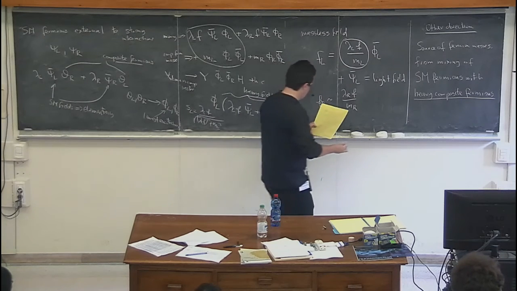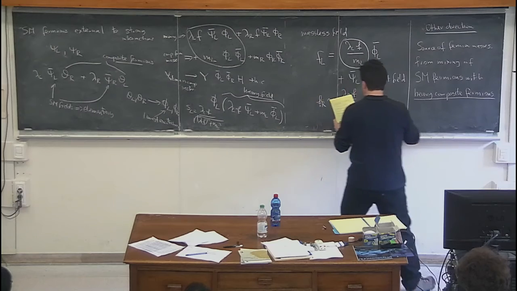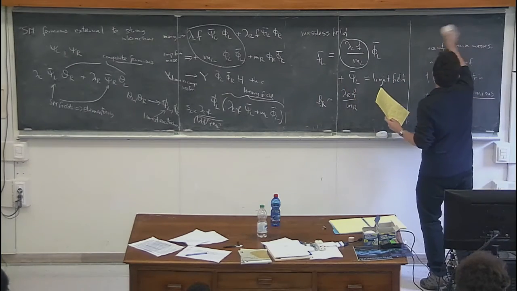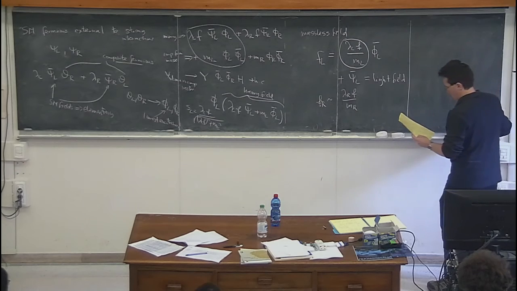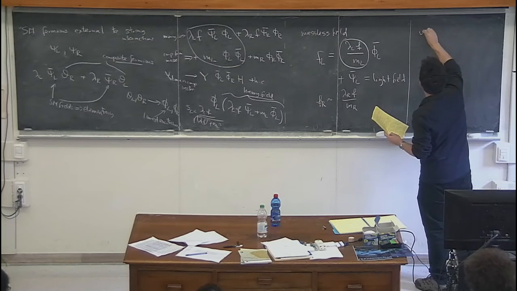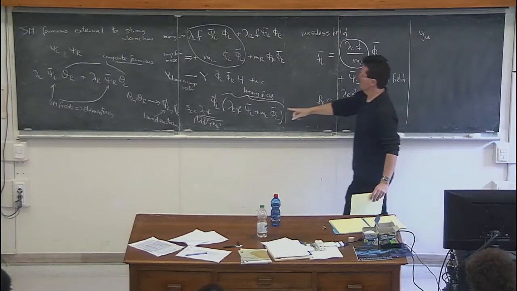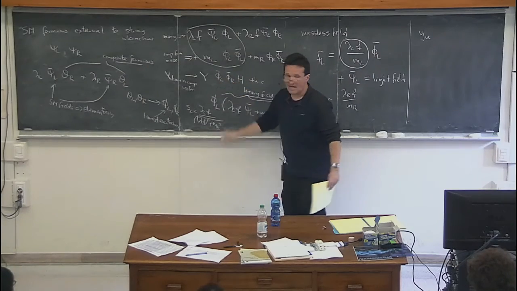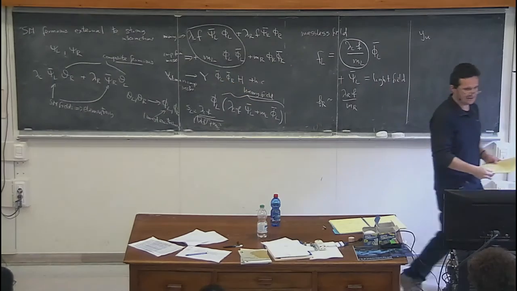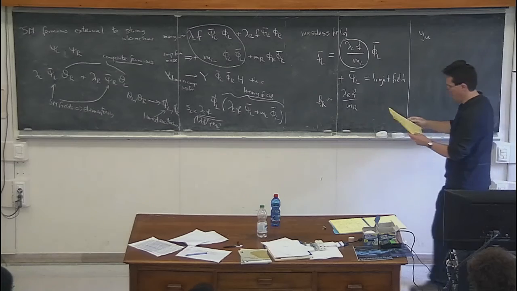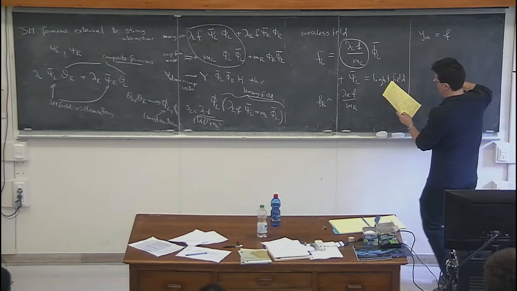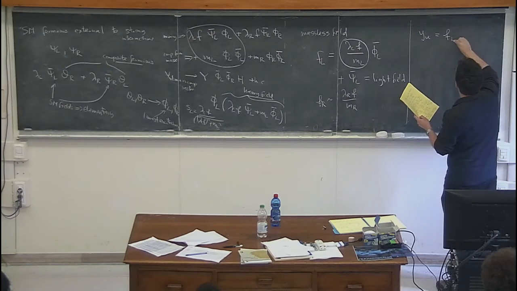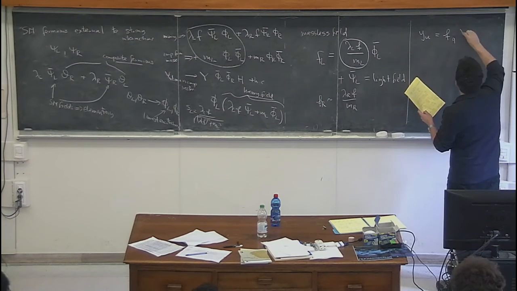So what you will get is that the effective Yukawa coupling descending from the Yukawa coupling that you have written for the composites will have the form, let's say for the left-handed guys, F_Q Y up F_up.